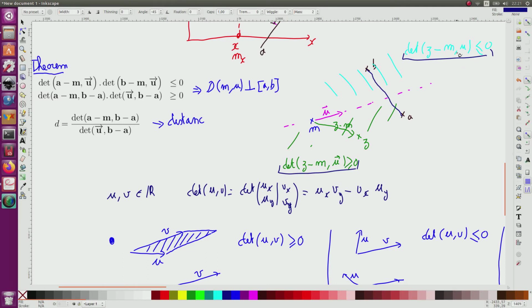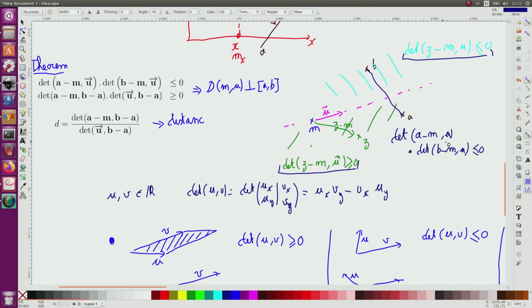So it means that the product of determinant of A minus M, U, multiplied by determinant of B minus M, U is negative. So in this situation, this one is negative, the other one is positive, but it couldn't be the contrary.